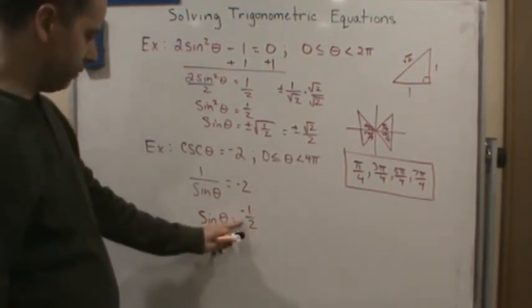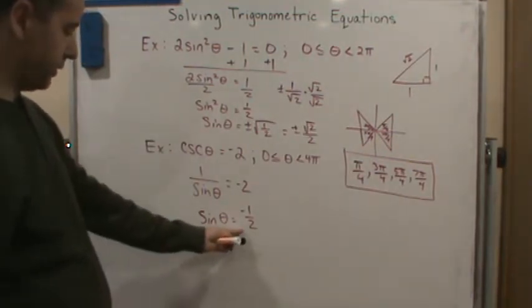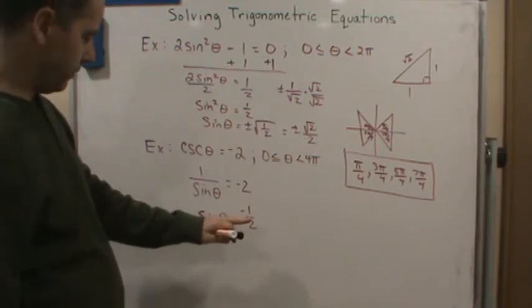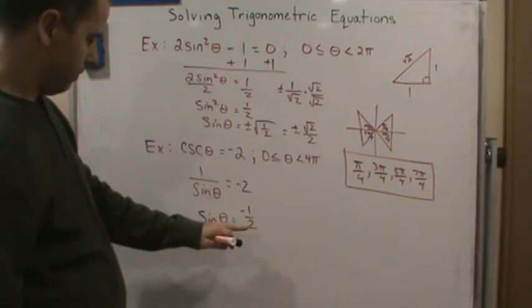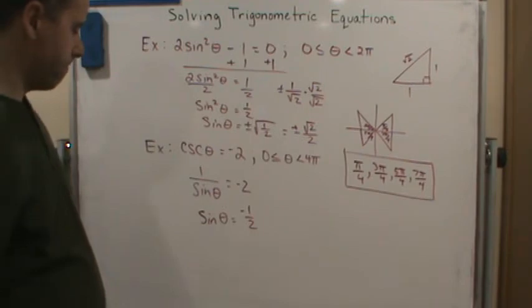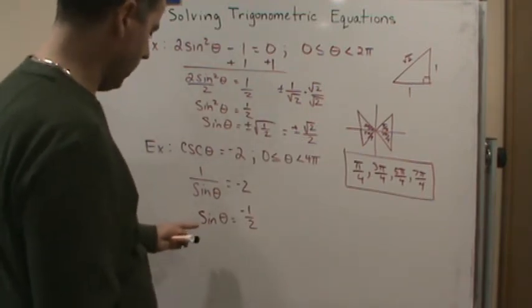So it's negative, right? So sine is only negative in which quadrants? Well, it's going to be the third and fourth quadrant. Okay? So let's consider that.